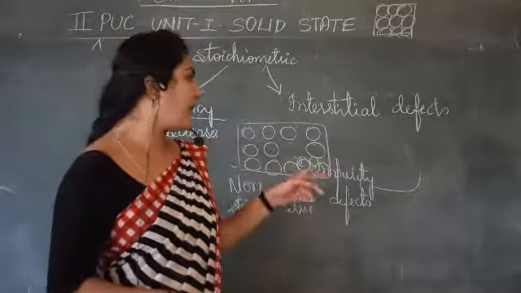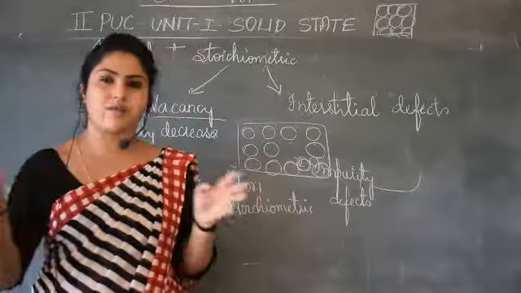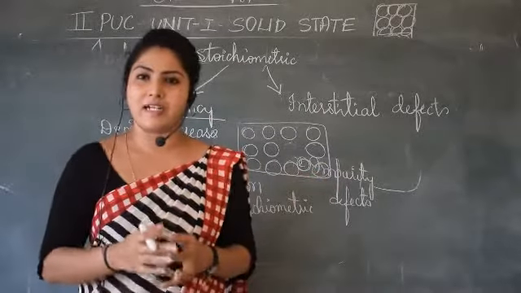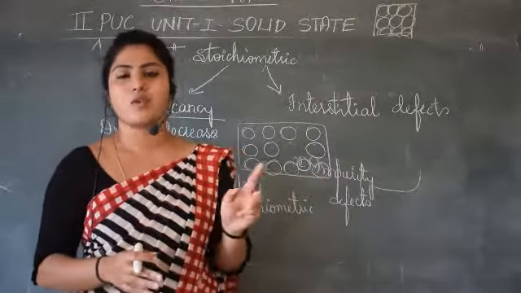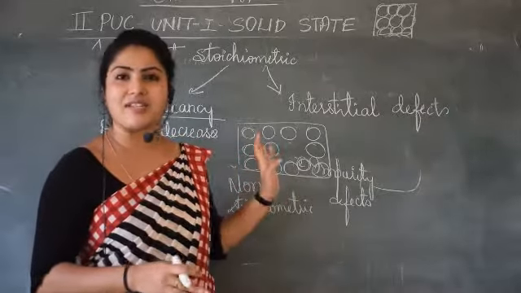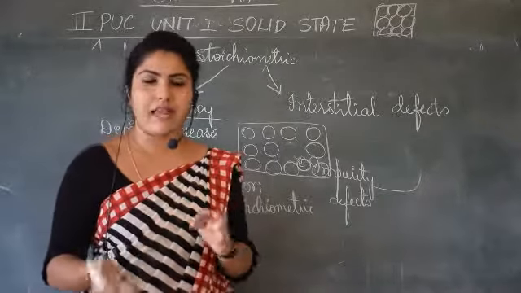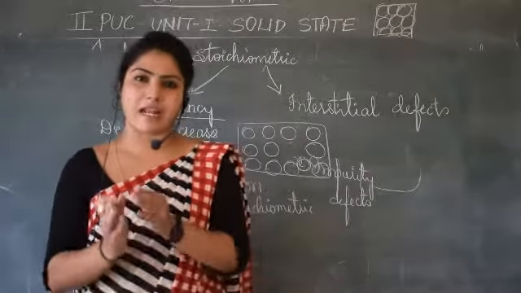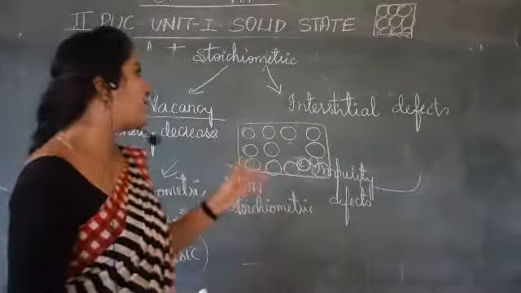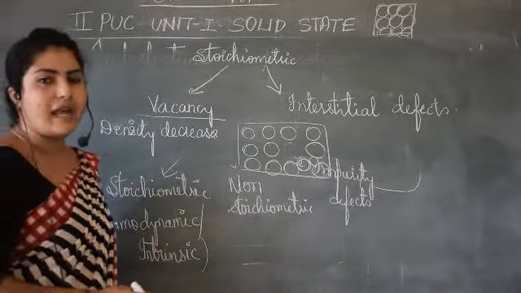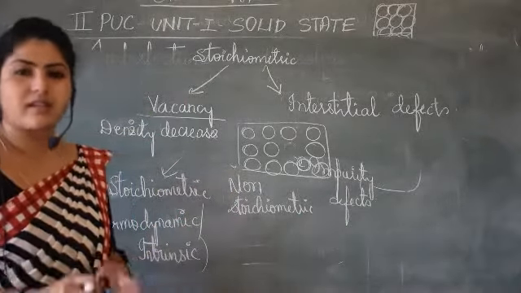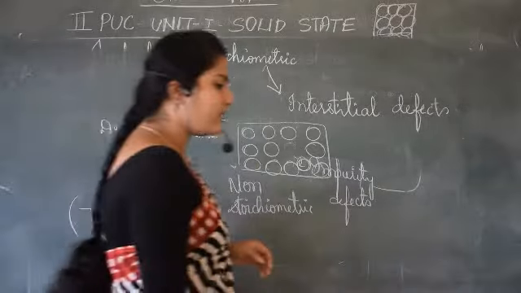Sometimes, within the crystal system, if the interstitial defect is seen, you cannot see a change in density. That we will study in the next classification, that is Schottky defect and Frenkel defect. But these things you need to understand under the general classifications of defects.